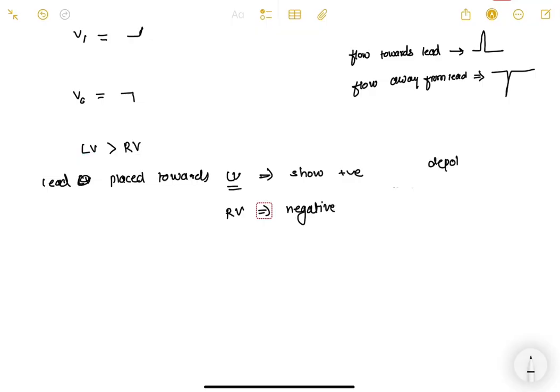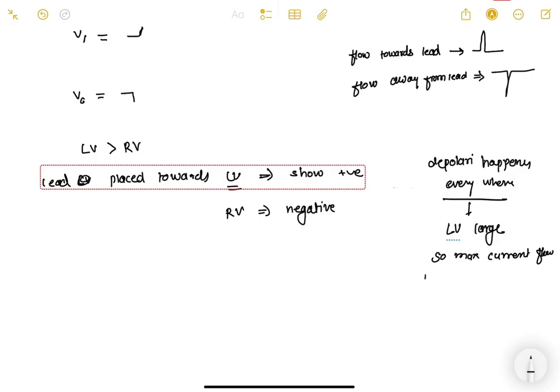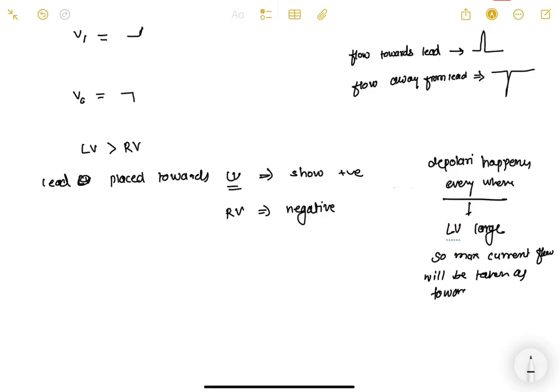Since the depolarization is happening everywhere, but the LV is large, the maximum current flow will be towards the left side.